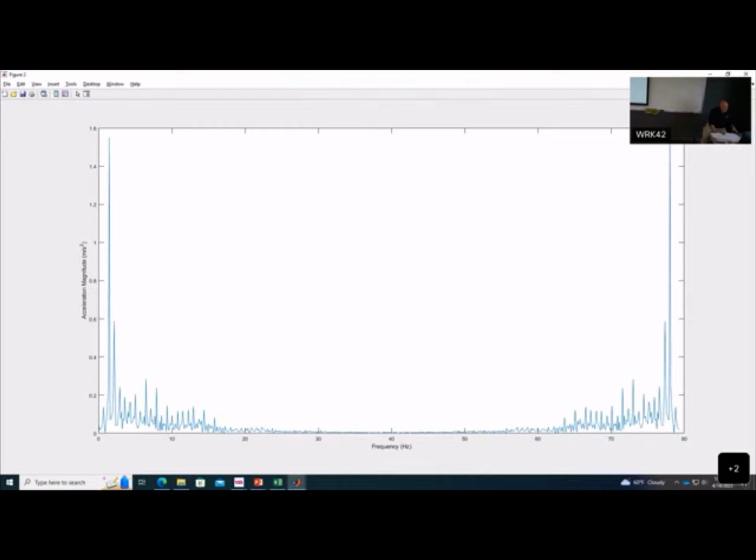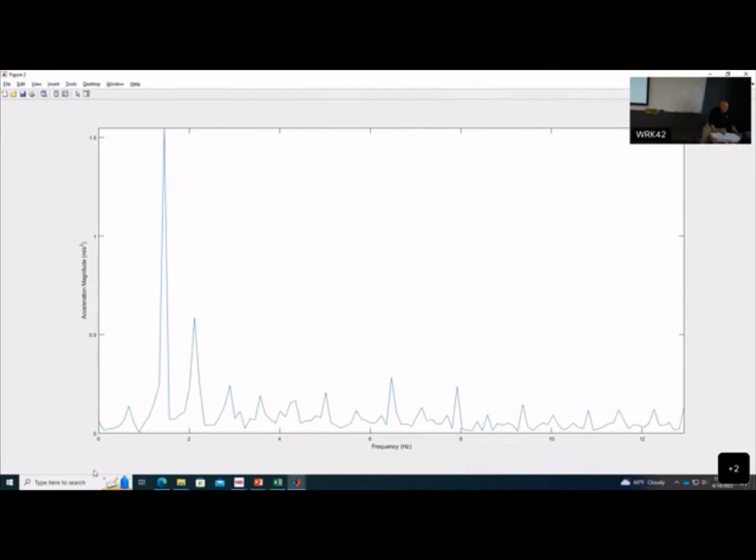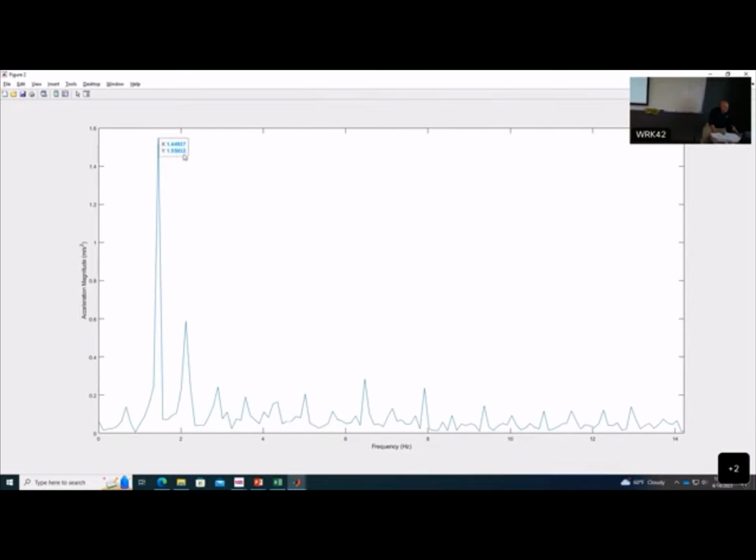So what you can do is zoom in, and then we can find this point right here. There's our point. So this is the frequency in hertz.